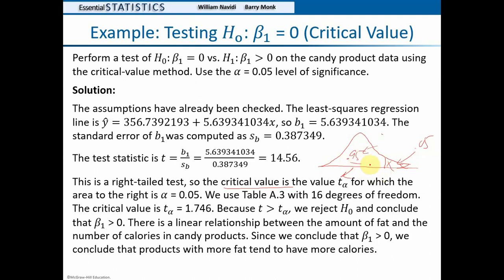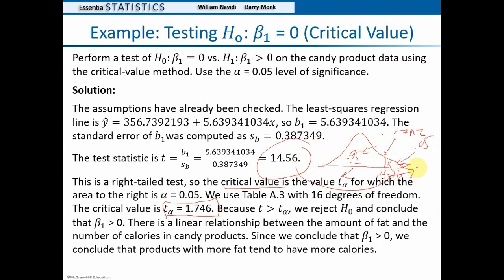If I'm looking at the table with the probabilities to the left, I say, give me that critical value of df equal to 16, and that would give me this t alpha as 1.7456. So that line is 1.7456.